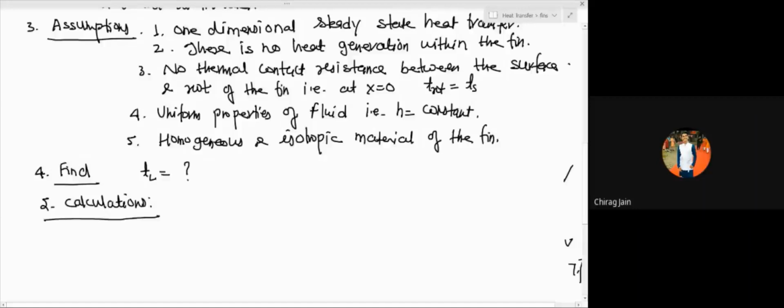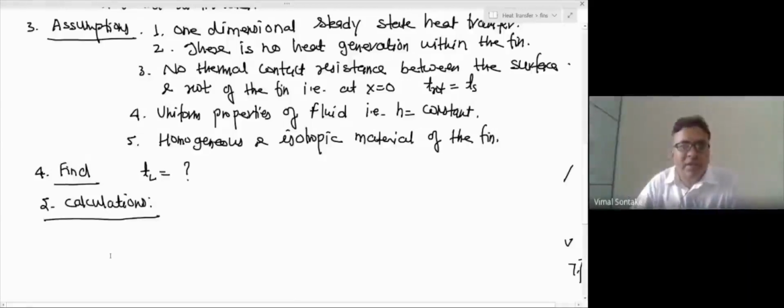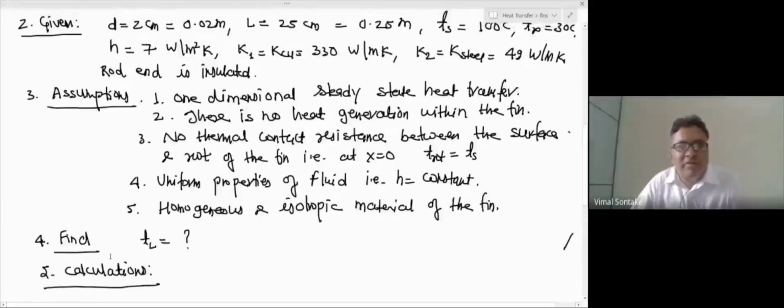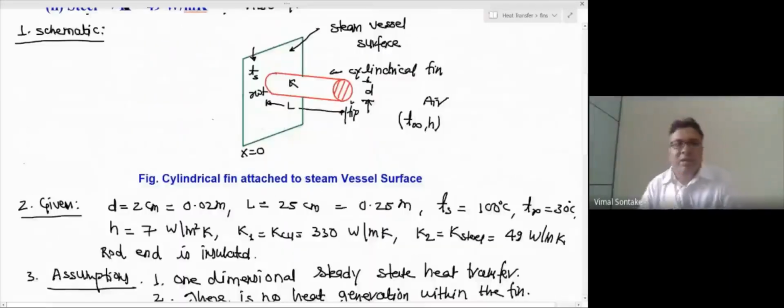Sir, can you repeat the third assumption? No thermal contact resistance between the surface and root of the fin. See what happens. Let's say this is the parent surface and this is the fin. What is the concept of thermal contact resistance actually?